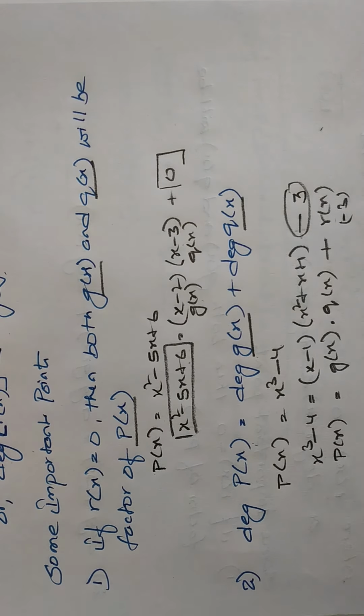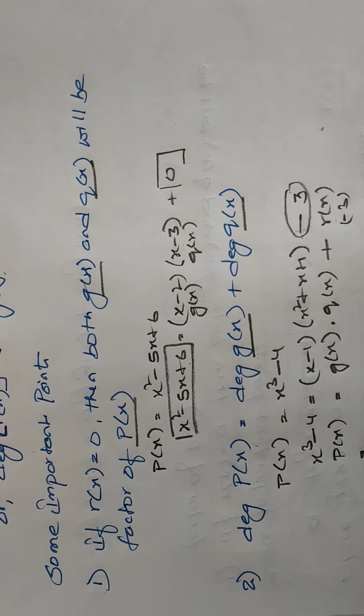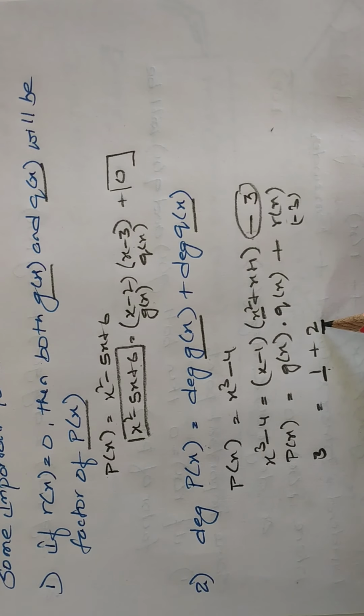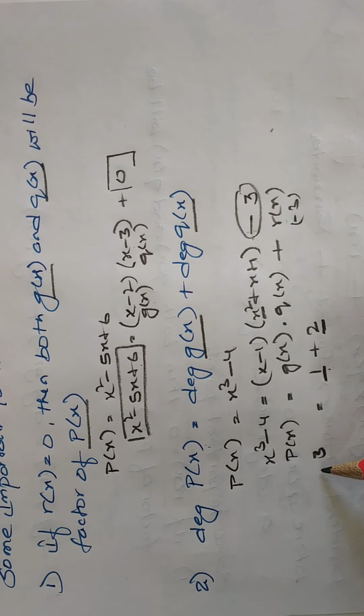So what we have seen: the degree of p(x) is 3, the degree of g(x) is 1, and the degree of q(x) is 2. So 1 plus 2 equals 3. That means the sum of the degree of g(x) and the degree of q(x) is equal to the degree of the dividend polynomial.